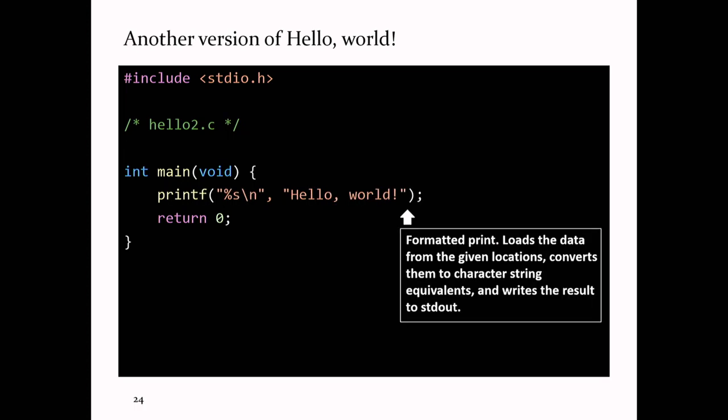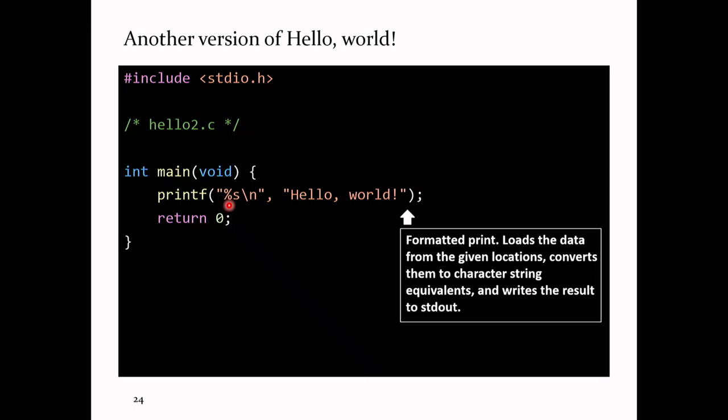Now the second version uses this thing called printf. printf is formatted print. The way this works is the first string contains information that tells printf how to print the rest of the arguments to the function.